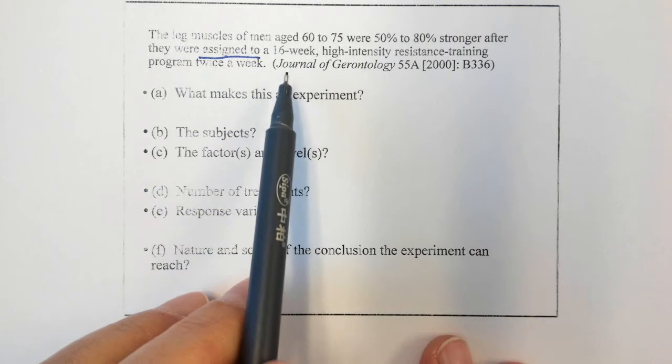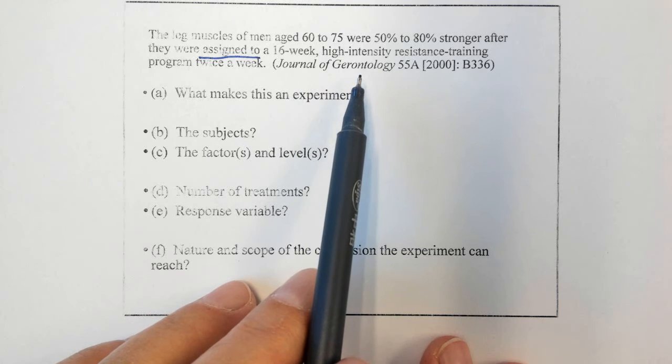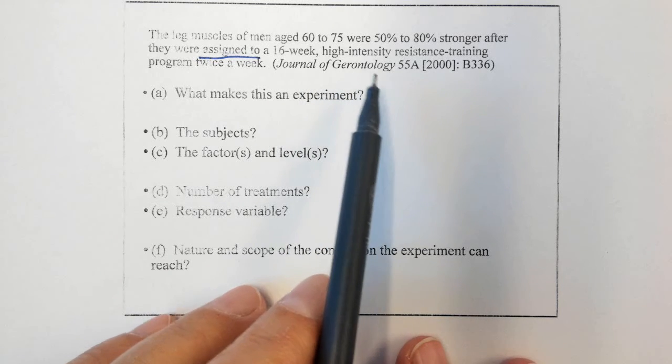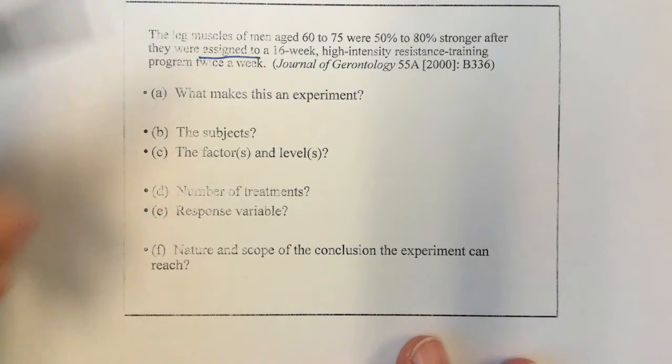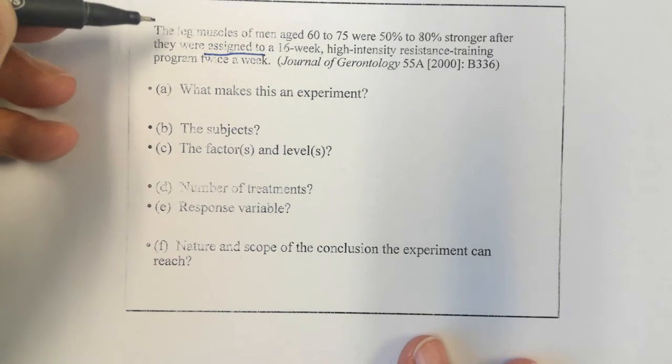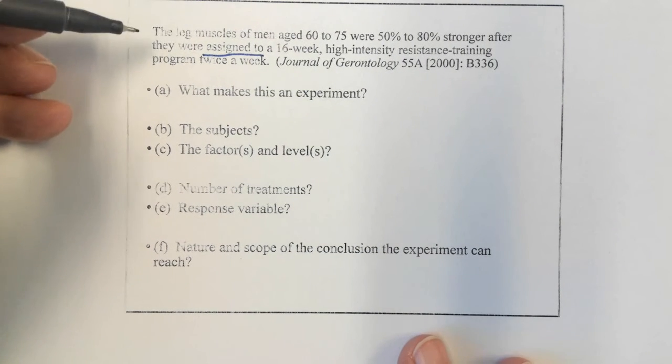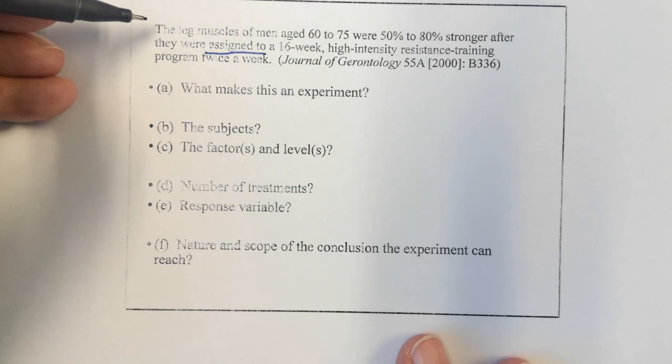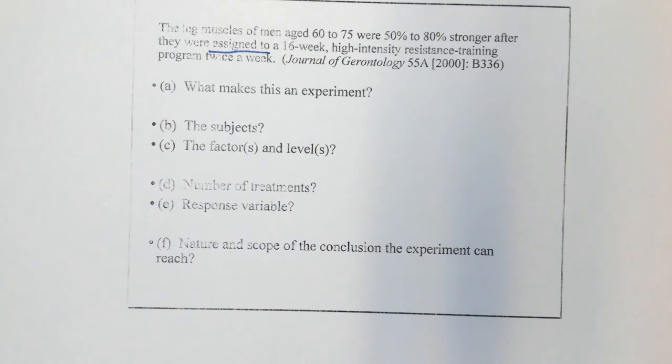And this was published in the Journal of Gerontology, the journal about older people and their health, back in the year 2000. A lot of older studies, because these are old notes from my old textbook. What makes this an experiment? We manipulated a variable. We assigned a training program.